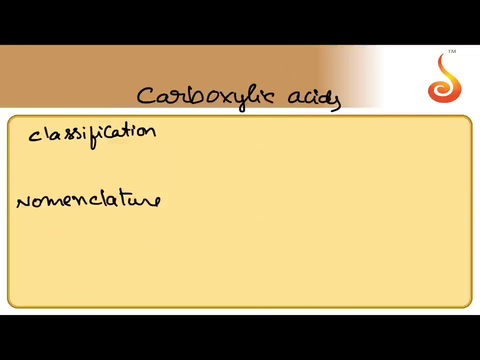Next topic, carboxylic acids. Carboxylic acids are organic compounds containing the carboxyl functional group. COOH is the carboxyl functional group. So this is made up of two types of functional groups, the carbonyl functional group as well as the hydroxyl functional group. That's why it is commonly called the carboxyl functional group.